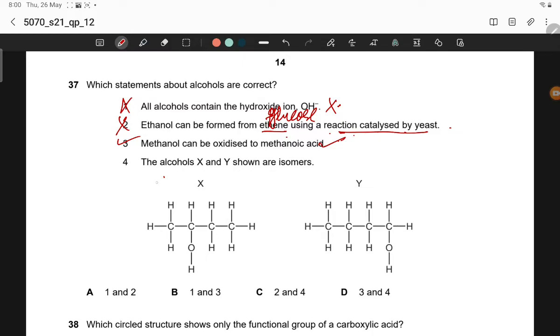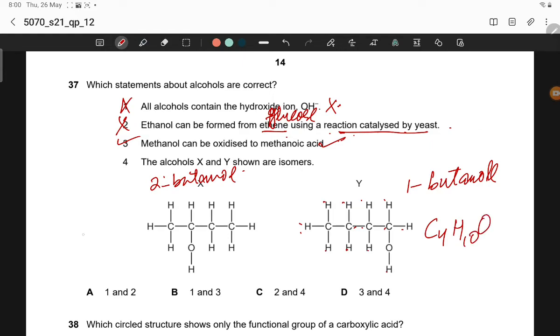This is 2-butanol and this is 1-butanol. The molecular formula: 1, 2, 3, 4 C4, 1, 2, 3, 4, 5, 6, 7, 8, 9, 10 H10O.